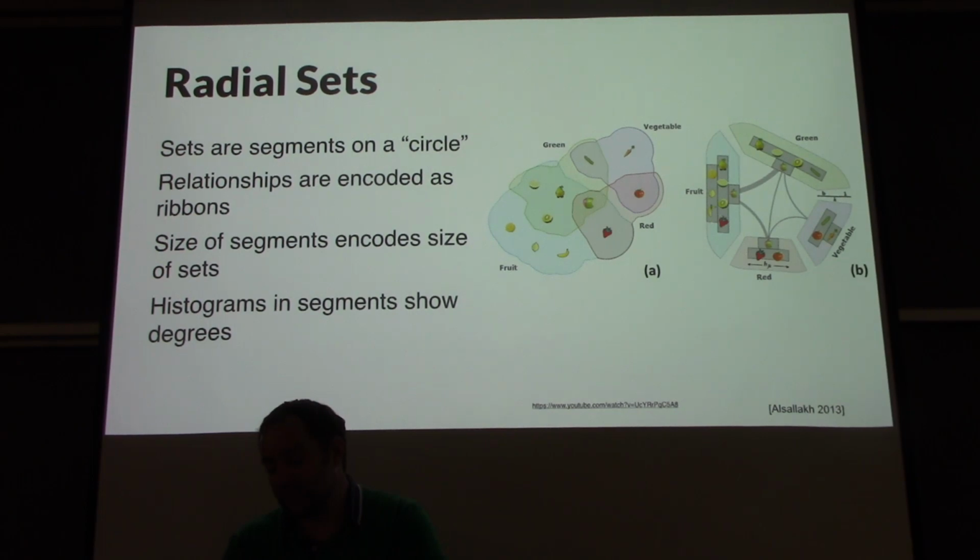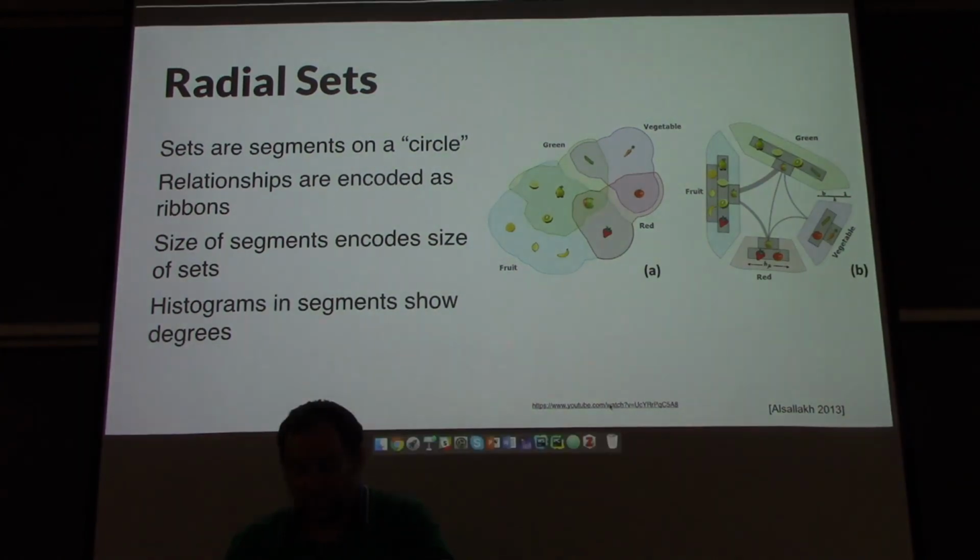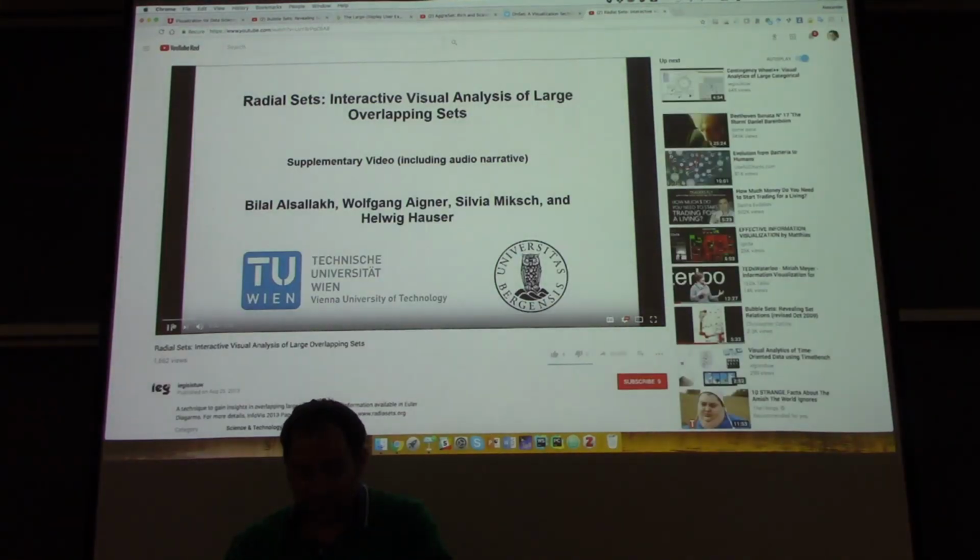So we can see here we have three fruit that are only yellow, so they're not vegetables, not red and not green. Then here we have things that are both fruit and red or green, so they're in a two-set intersection, and then the apple can be either red or green, so it's in both the green and the red set. And it's the only element, and that's why this histogram bar here is a little bit smaller. So this is a video that shows this one.